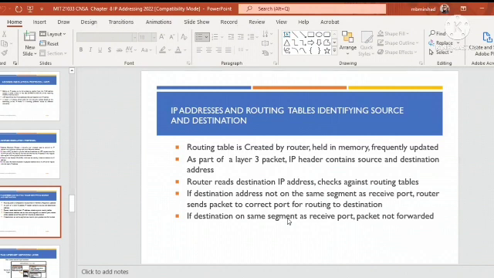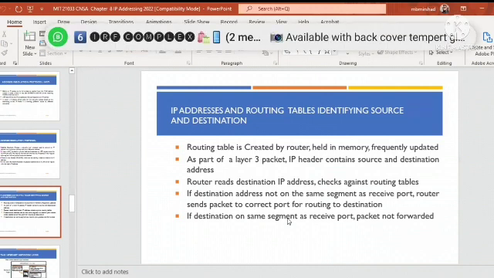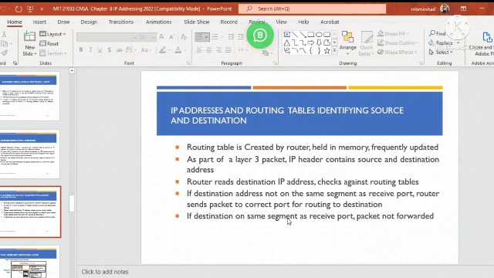Then, as part of the layer 3 packet, the IP header contains source and destination addresses, you know that. Then the router reads the destination IP address and checks it against the routing table. So when any data packet comes to a particular router, the router looks at the routing table to decide where the packet should be forwarded.